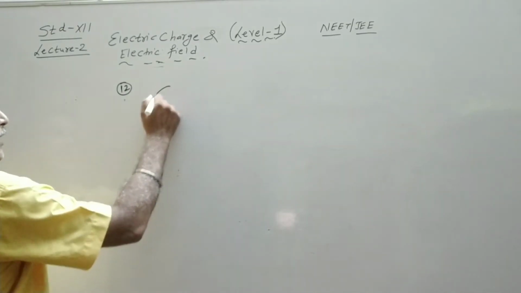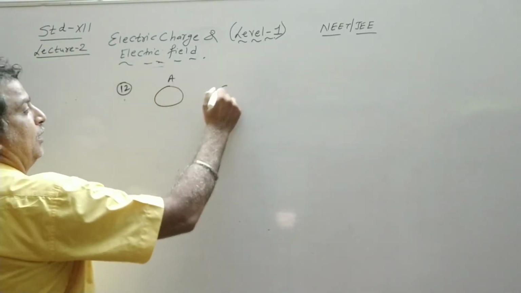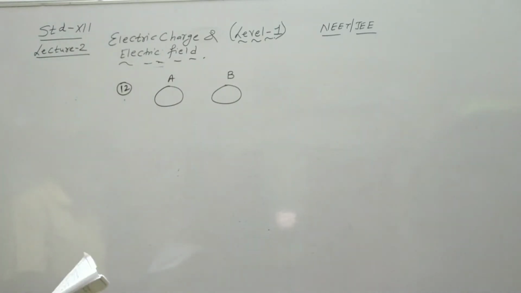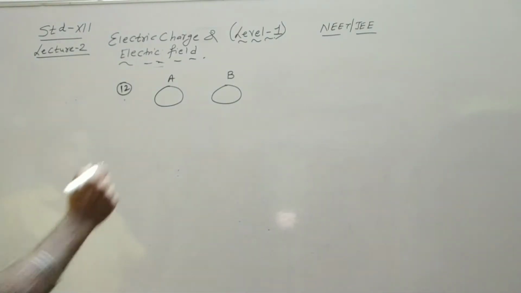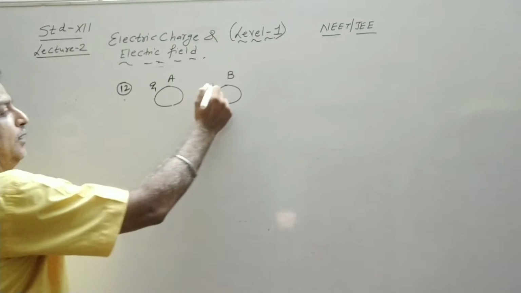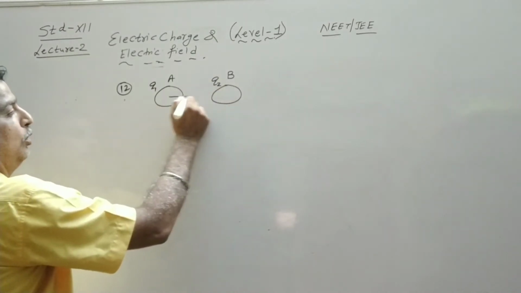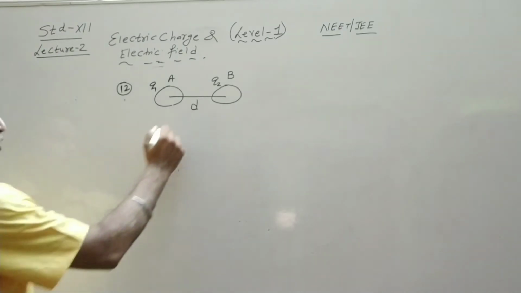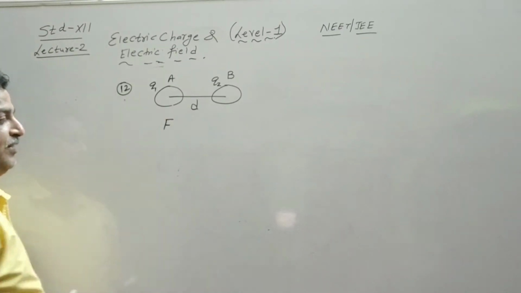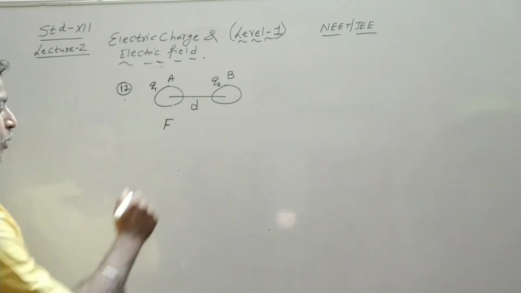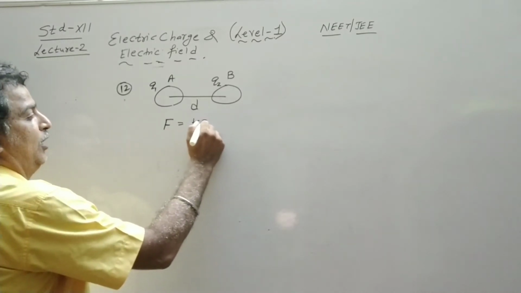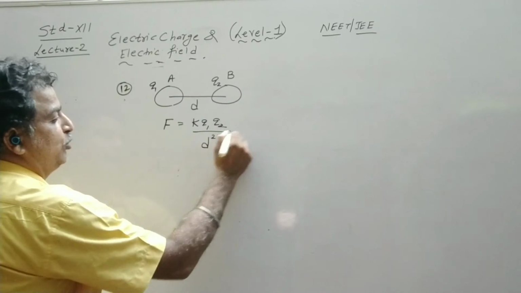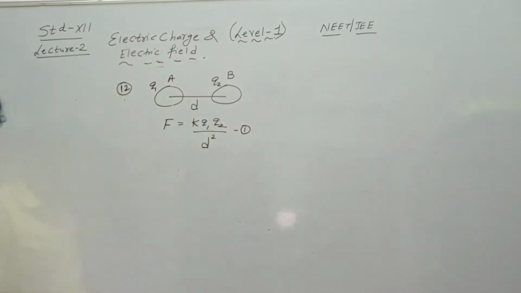So let us say this is sphere A, this is sphere B. Suppose the charges on the spheres are Q1 and Q2. They are separated by a distance d. So F is equal to, we are talking about the magnitude, K Q1 Q2 upon d square. This is equation number 1.